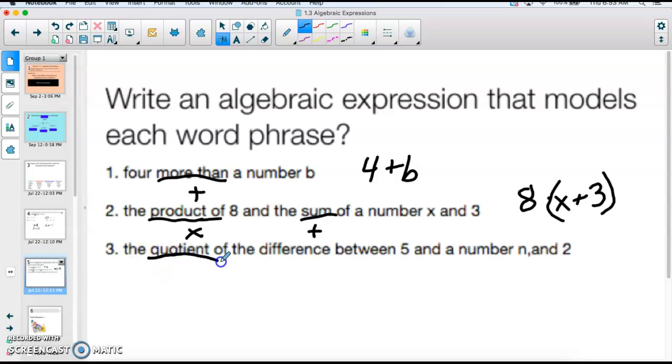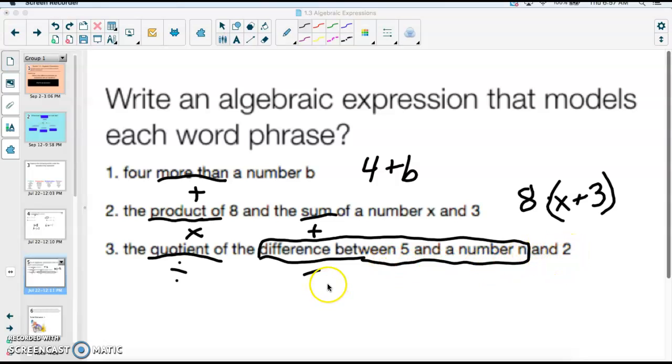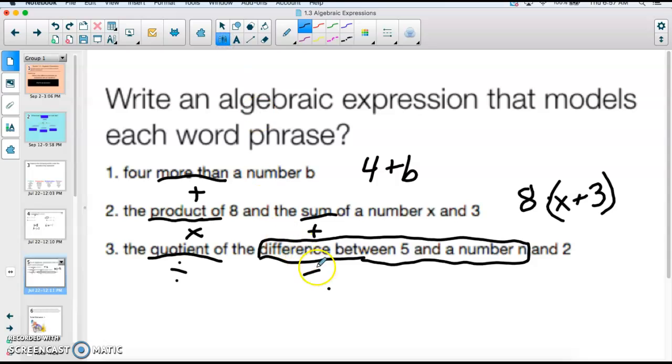Okay, the quotient, that would be division, of the difference, subtraction, between 5 and a number n and 2. Okay, so what this is saying is the difference thing is applying to 5 and a number n. The quotient is referring to this piece dividing this piece, okay? All right, so sorry for the pause, guys. So what we're going to do then is we're going to do the difference of 5 and a number, so 5 minus n.